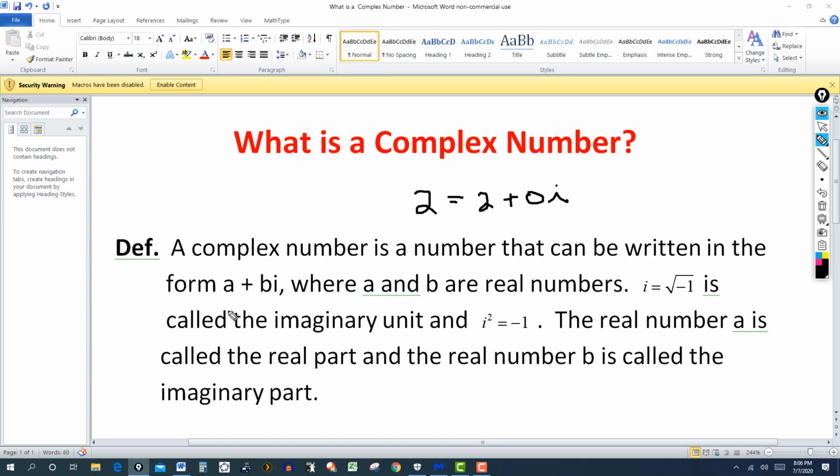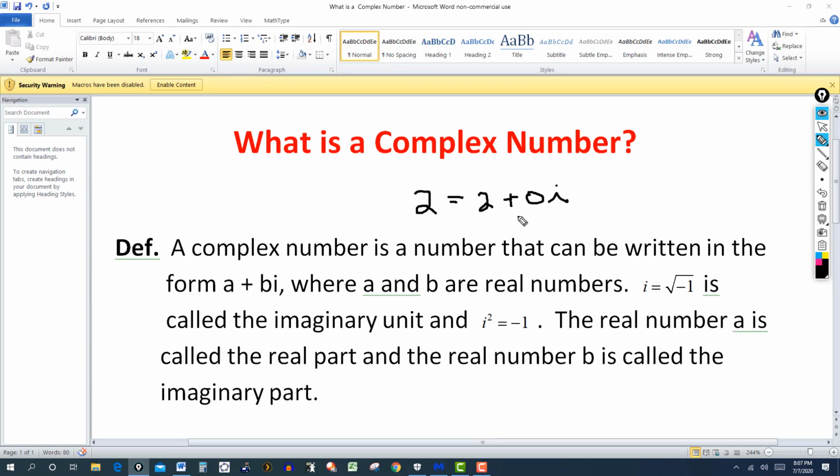Okay, a and b are real, but either one could be 0. So 2 equals 2 plus 0i. I wrote it in the standard form, so 2 is a complex number. And obviously I could do that with any number, right? 3 would be equal to 3 plus 0i.